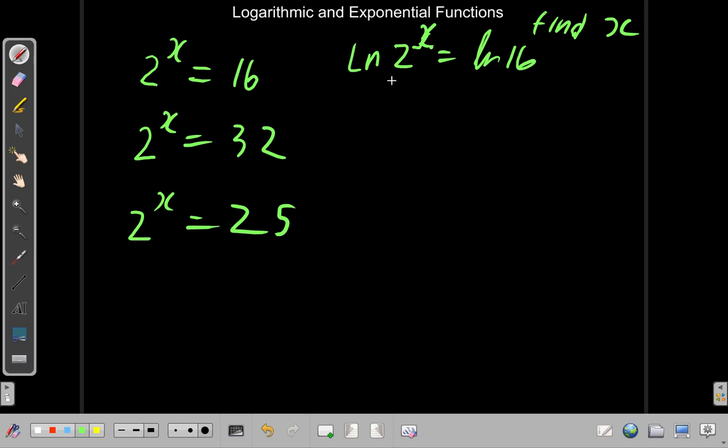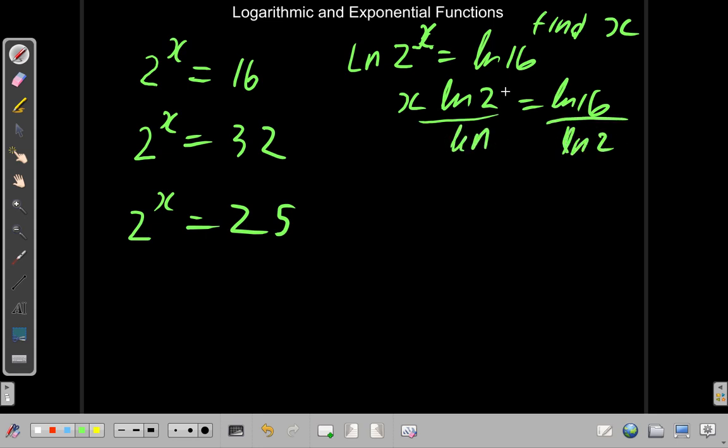So here we say it's x ln 2 equals ln 16. So if you divide both sides by ln 2, then ln 2 will cancel itself, so you get x is equal to ln 16 divided by ln 2.